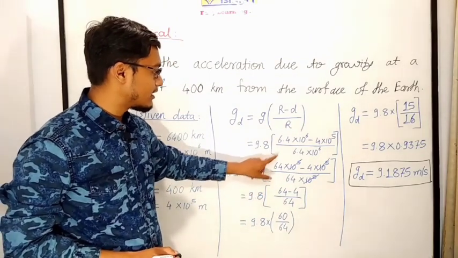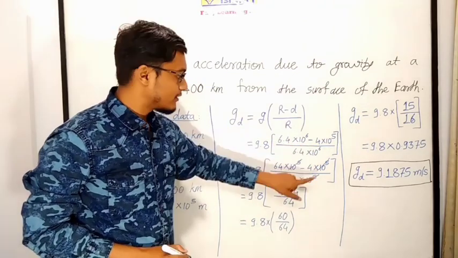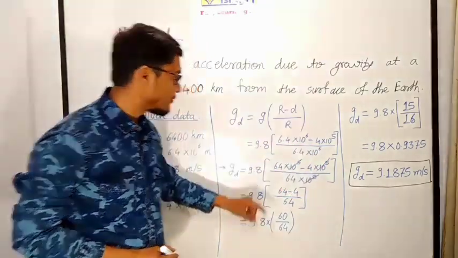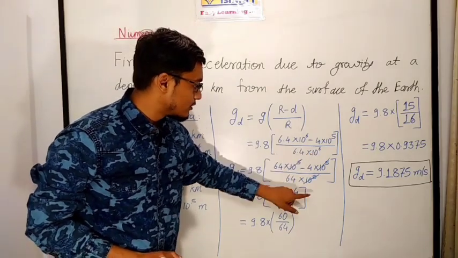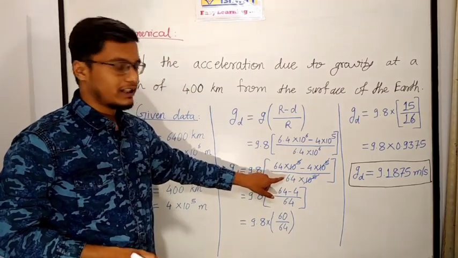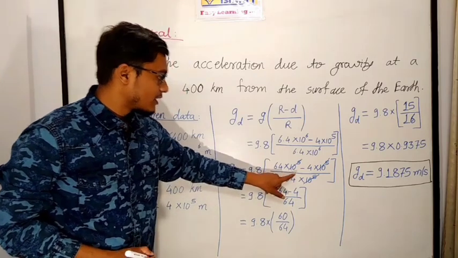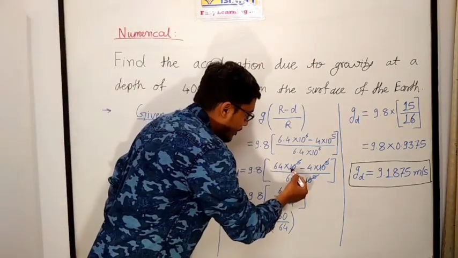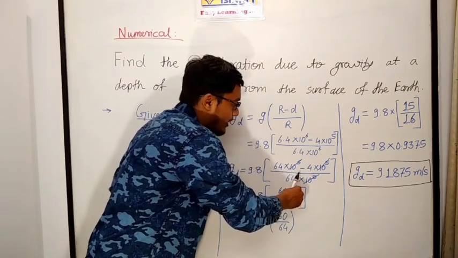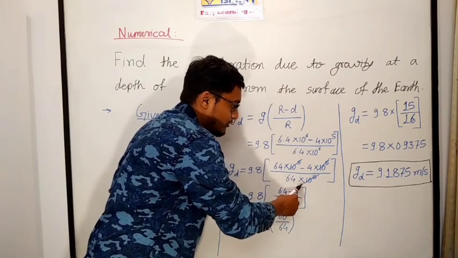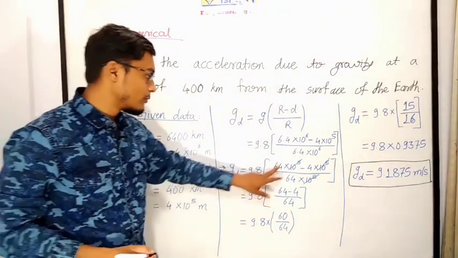So in the next step we will get 64 into 10 raised to the power 5 minus D as it is, so it will become 4 into 10 raised to the power 5. In the denominator also we will convert 10 raised to the power 6 to 10 raised to the power 5 as we have converted it in the numerator. From both terms in the numerator we take common 10 raised to the power 5, and in the denominator also we have 10 raised to the power 5. So we will cancel out 10 raised to the power 5 from both numerator and denominator.